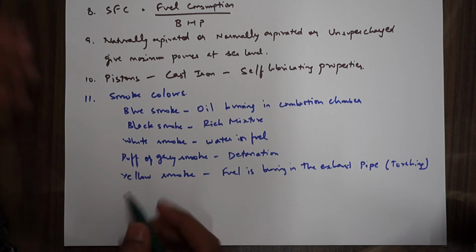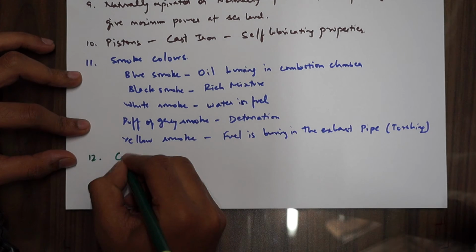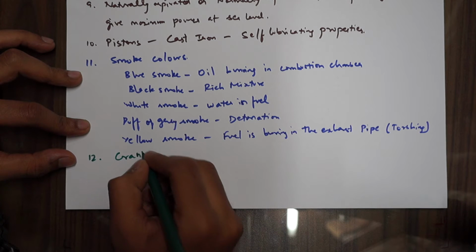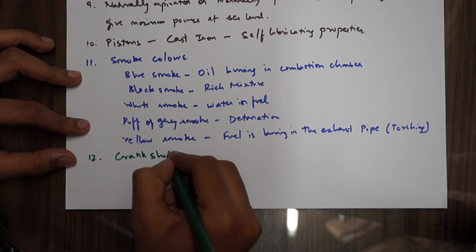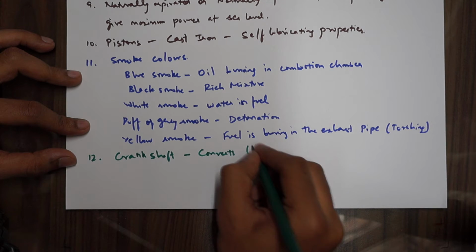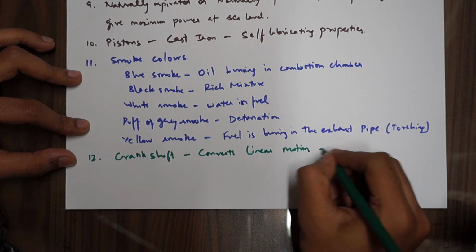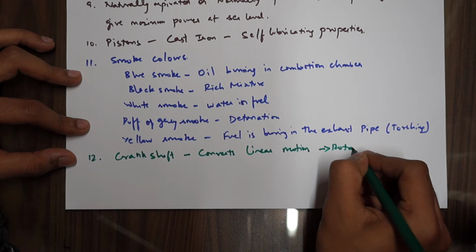Next is crankshaft, and 12th. Crankshaft converts linear motion to rotary motion.